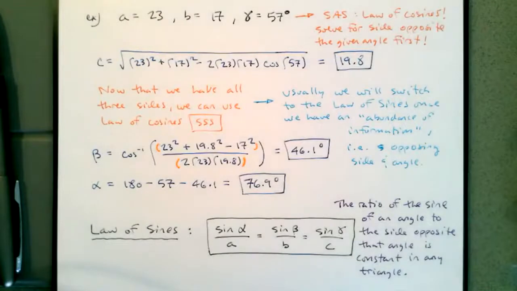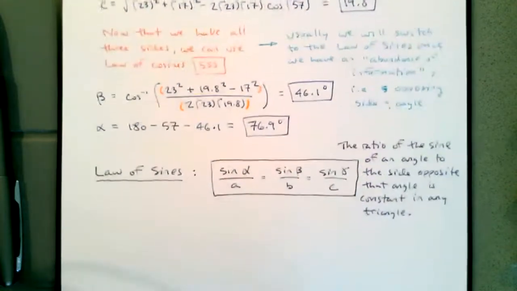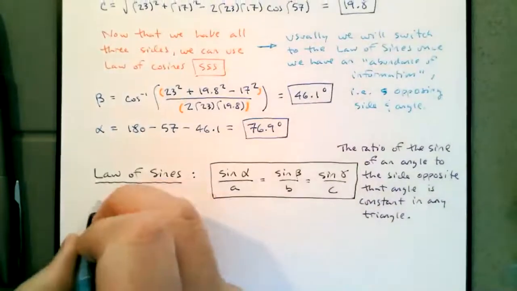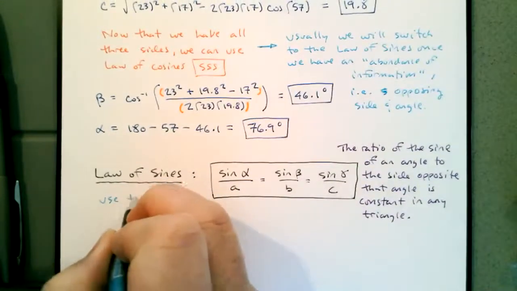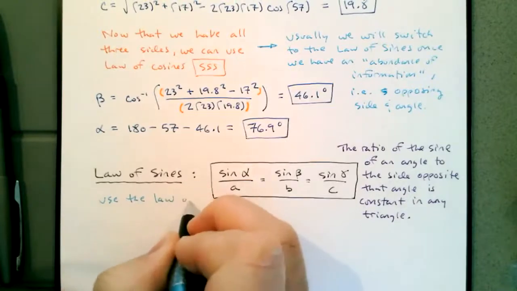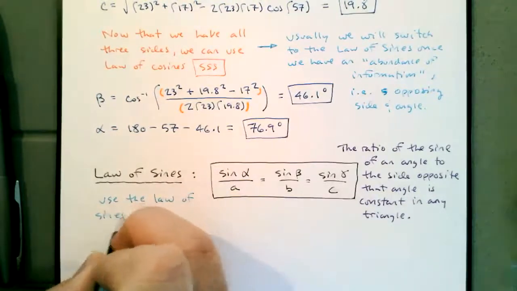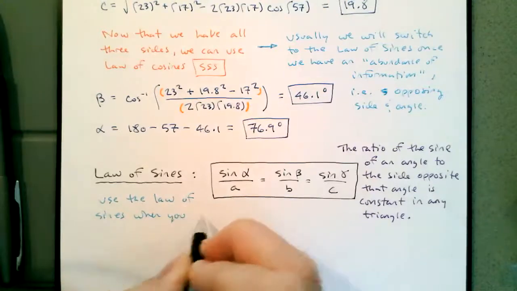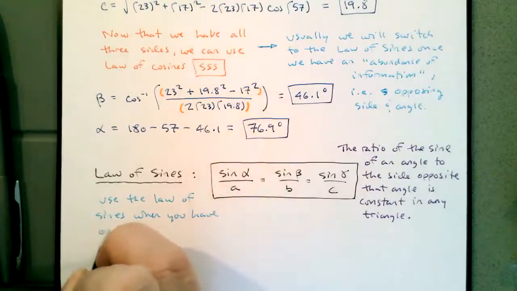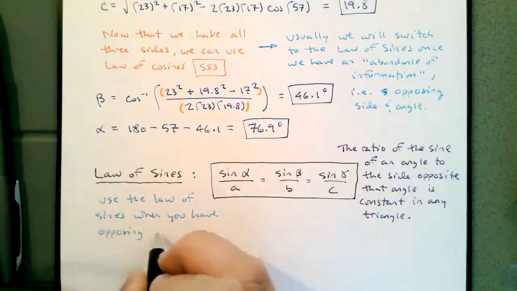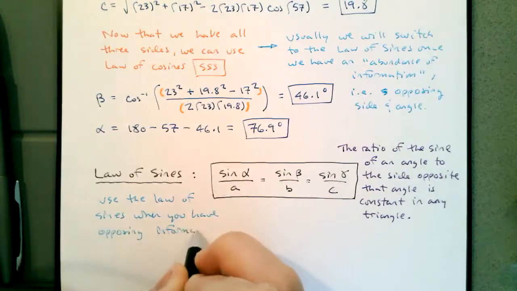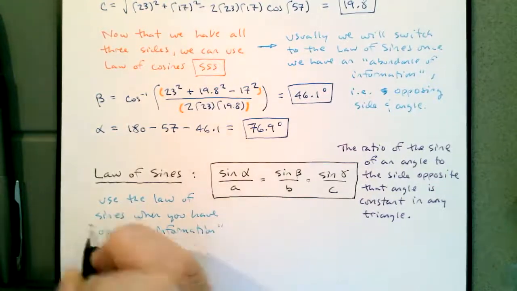The ratio of the sine of an angle to the side opposite that angle is constant in any triangle. We use the law of sines when we have an opposing set of information, a side and the angle opposite that side. I usually refer to this as opposing information.